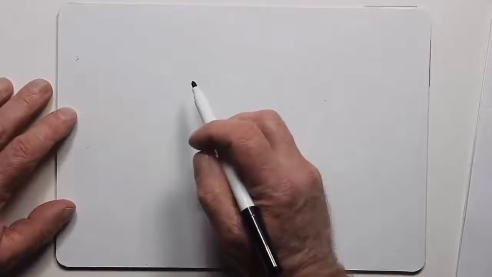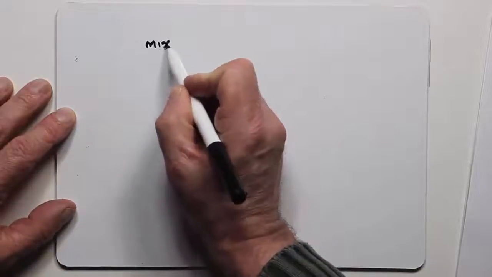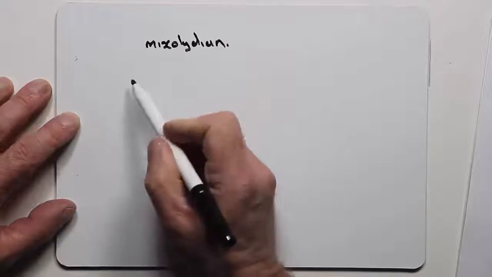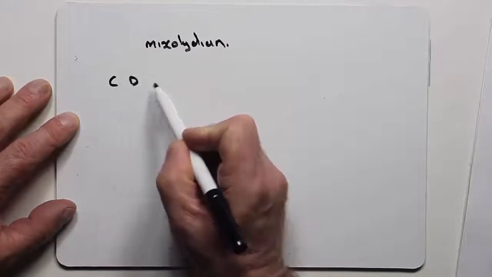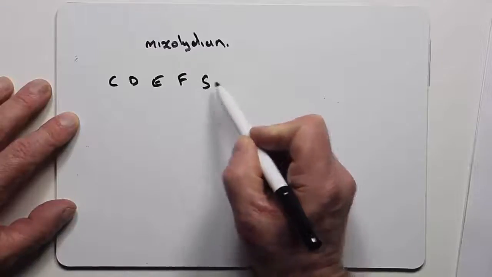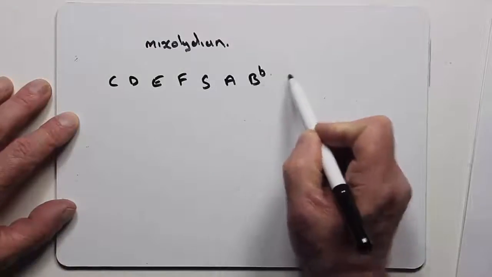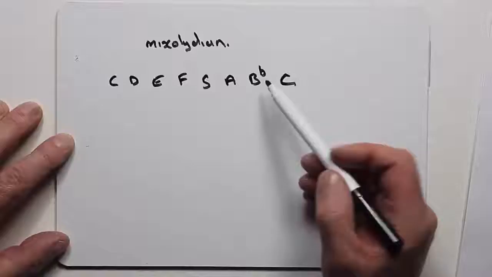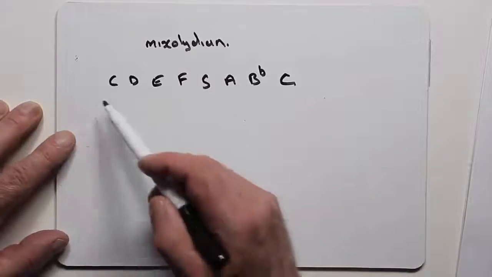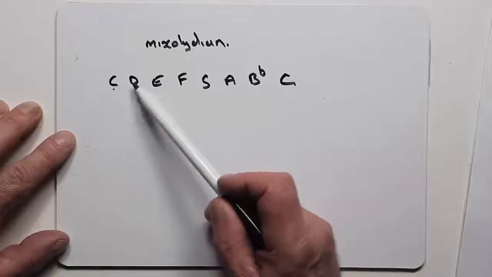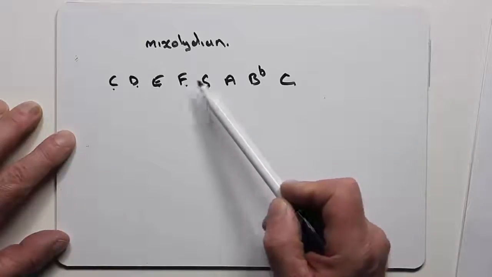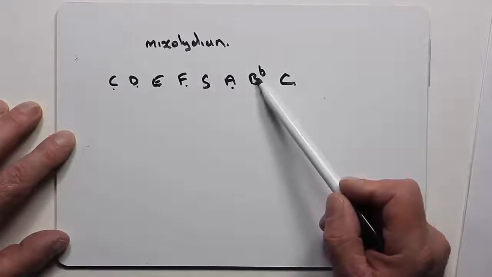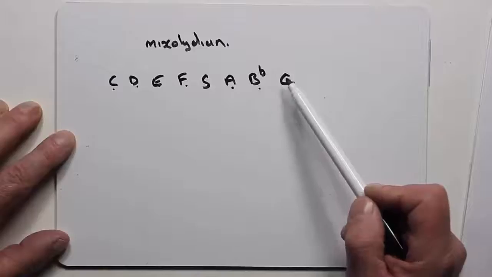I'll give you a Mixolydian, which is C, D, E, F, G, A, B flat, C. The only difference between a Mixolydian and a major scale is this 7th, which is flattened, and basically you get exactly the same thing: tonic, supertonic, mediant, subdominant, dominant, submediant, but this time because it's a flat 7th, it's the subtonic, and then we get the tonic again.